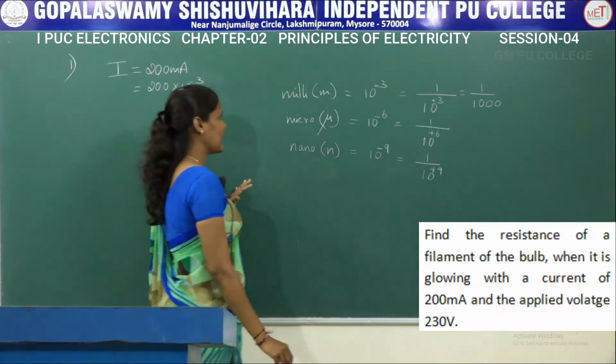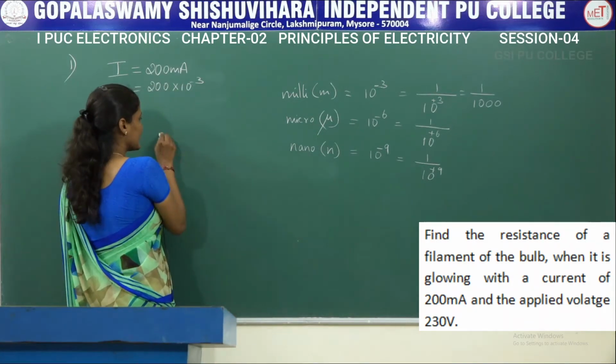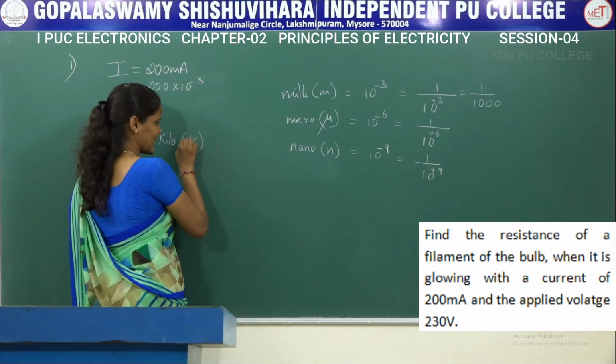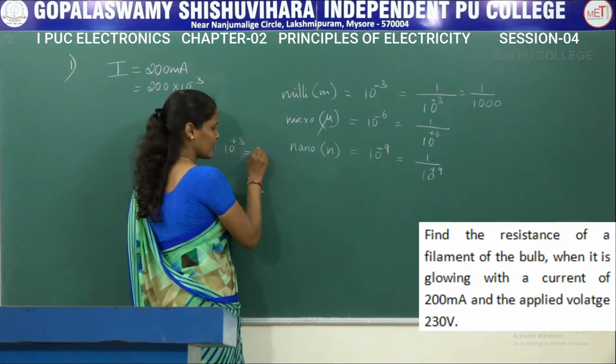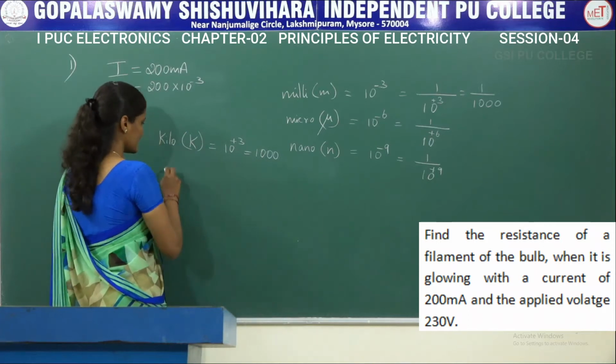Similarly, for resistance values we have kilo, which is denoted by capital letter K whose value is equal to 10 to the power of plus 3. 10 to the power of plus 3 means 1 followed by 3 zeros, that is 1000.